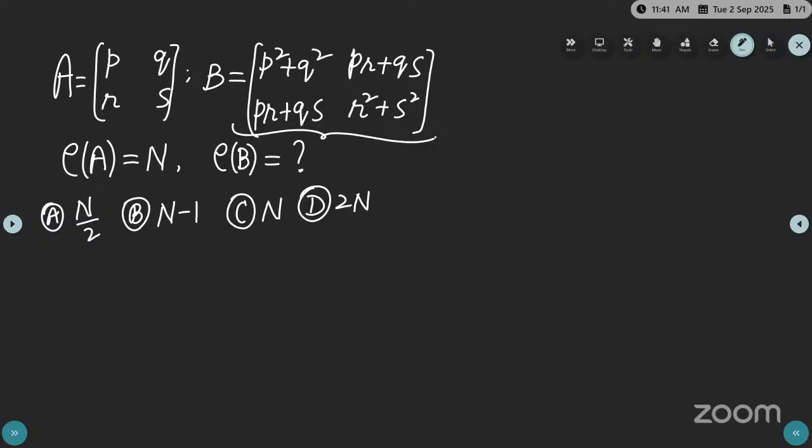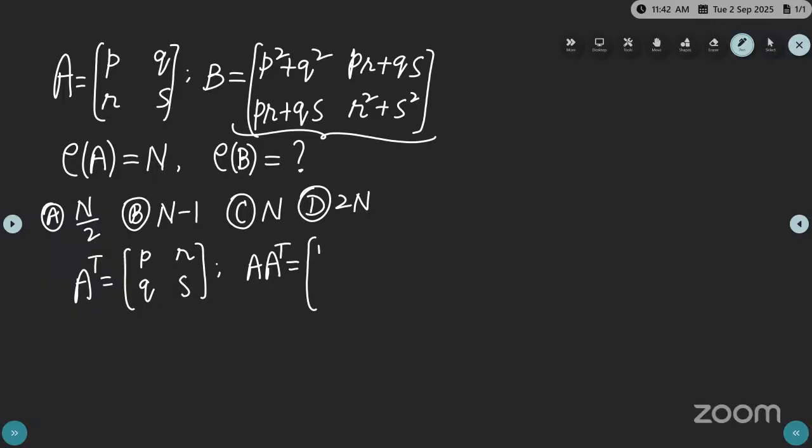P into P, P square plus QR. QR is not there. So you cannot say it like that, A into A. So if you consider A transpose, that is P, Q, R, S. Now what is A into A transpose?